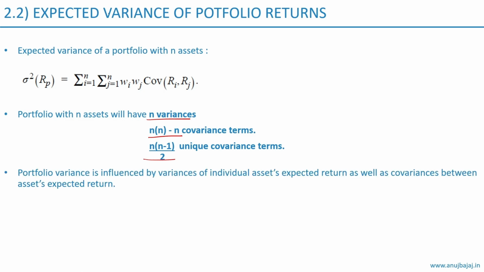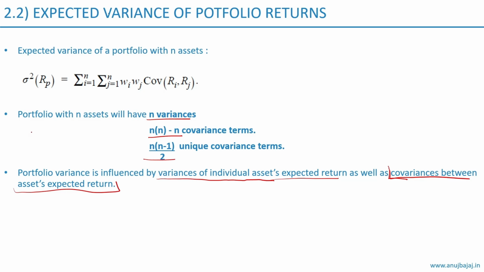From the formula we can say a portfolio's variance is influenced by the variance of individual assets' expected return as well as the covariance between the assets' expected returns, and the influence of the covariance increases as the number of assets increases.